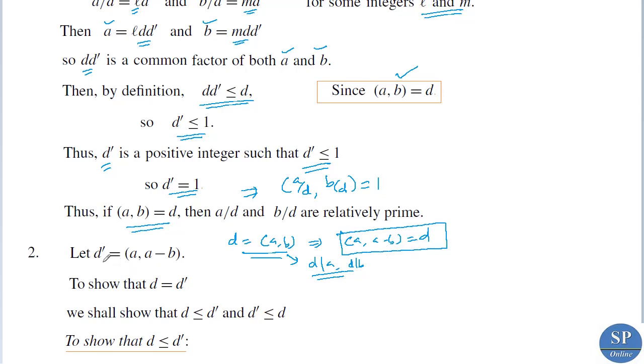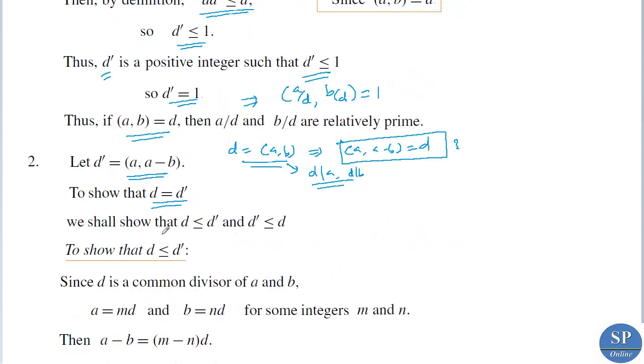Let's suppose that D dash is equal to GCD of A comma A minus B. So we need to show that D is equal to D dash. That is our aim now. We are going to show that D is less than or equal to D dash and D dash is less than or equal to D. Therefore, from this we get D equal to D dash.